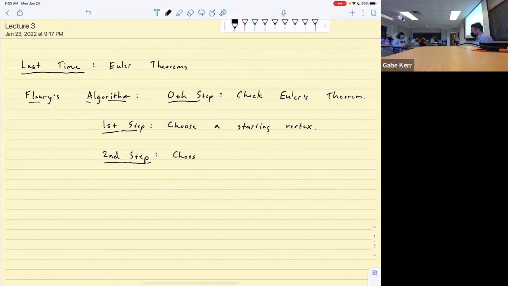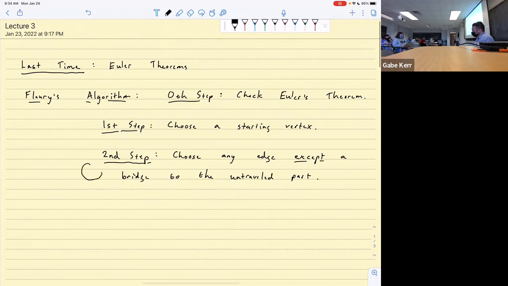Choose any edge except a bridge to the untraveled part. I'll explain. And this, of course, is unless you have to, you have to.